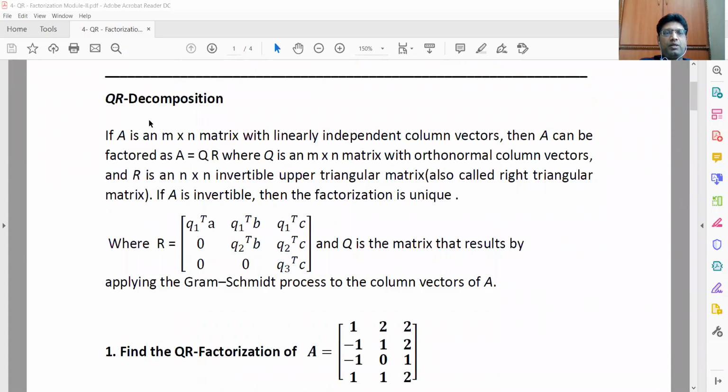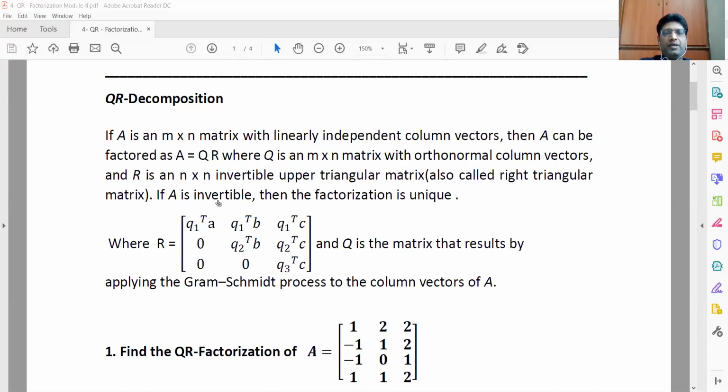What is QR decomposition? If A is an m by n matrix with linearly independent column vectors, then A can be factored as A equals QR, where Q is an m by n matrix with orthonormal column vectors and R is an n by n invertible upper triangular matrix, which is also known as a right triangular matrix.